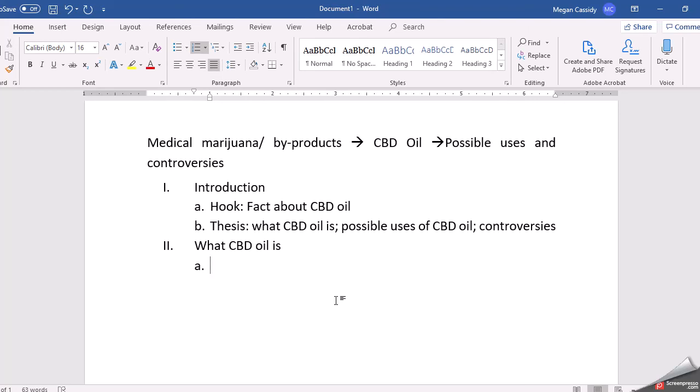So I'm going to talk first about CBD from marijuana. Then I'm going to talk about CBD from hemp. Those are two different things. The differences between CBD and THC.